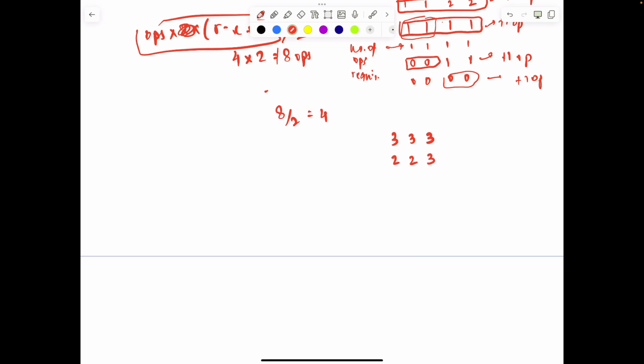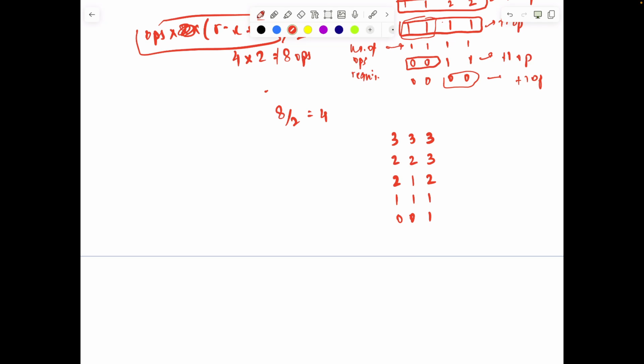Now reduce this to 2 and 3 now. So you will have 2, 1, and 2 again. This will reduce to 1, 1, 1, and then 0, 0, 1, and then another operation.